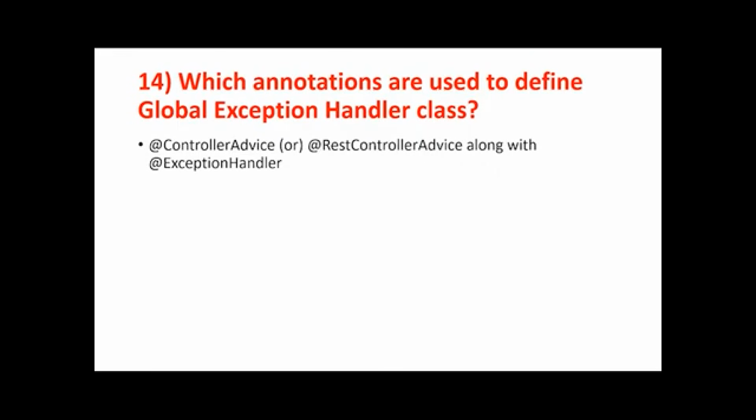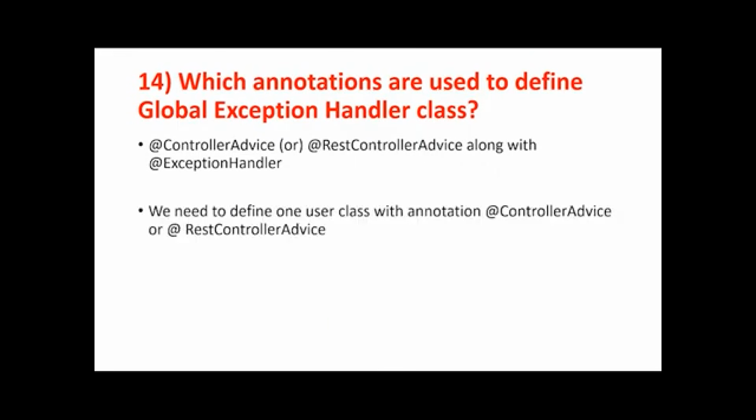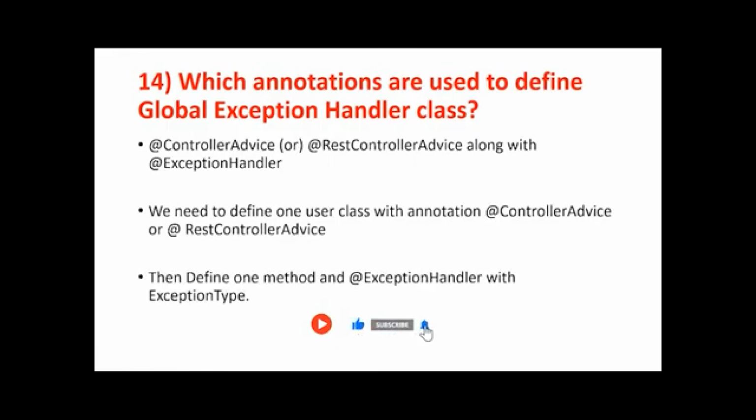If you're using Web REST, @RestControllerAdvice. We need to define one class and annotate it with ControllerAdvice or RestControllerAdvice. Then we need to define one method, and on top of that, we have to mention @ExceptionHandler.